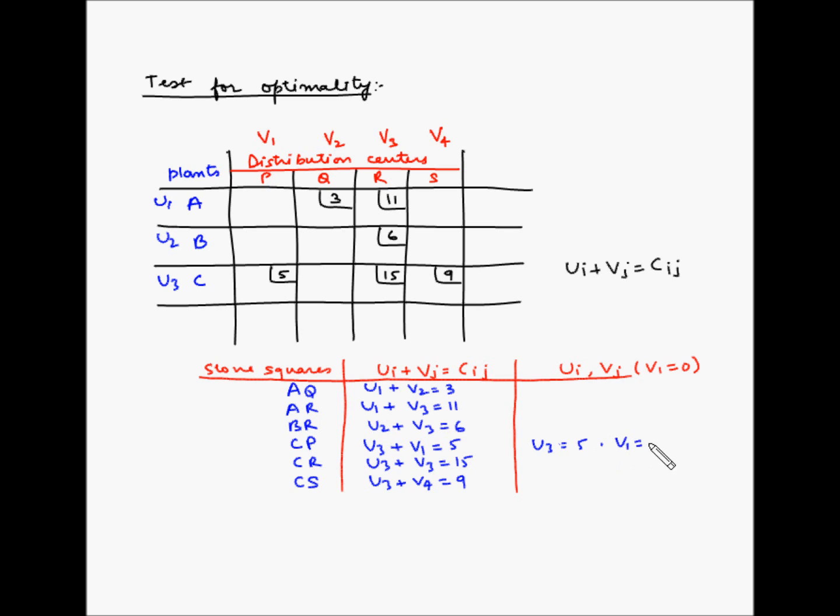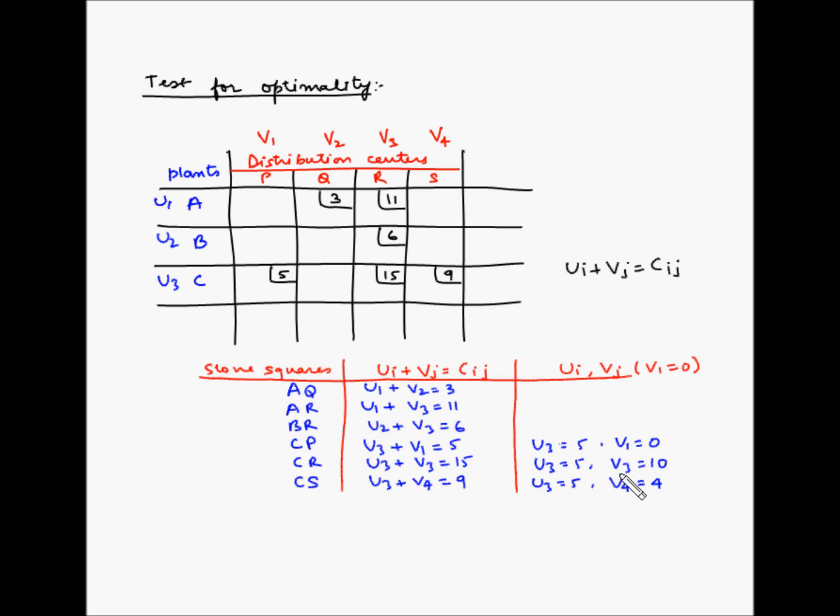Now for CR, U3 is 5, so V3 becomes 15 minus 5 or 10. In case of CS, again U3 is equal to 5 and V4 is 9 minus 5, which is 4. So V4 is equal to 4.